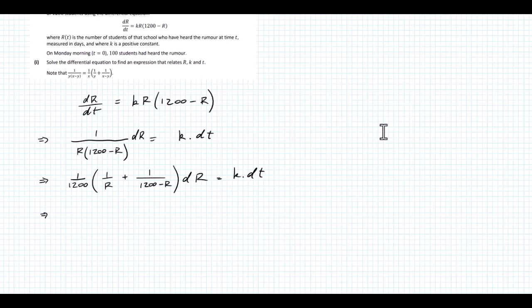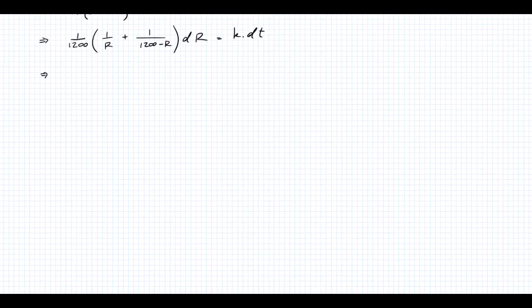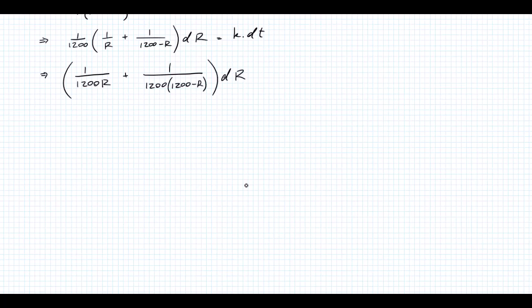Okay, let's just multiply this out. So you've got 1 over 1200 r plus 1 over 1200 times (1200 minus r) dr, and that's equal to k dt.